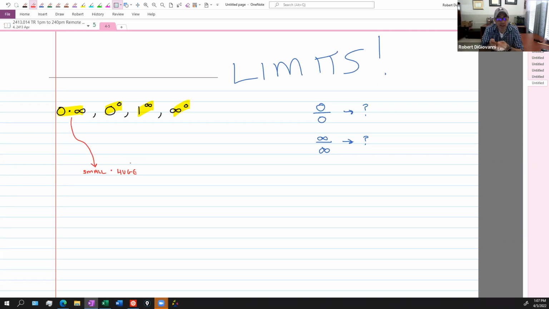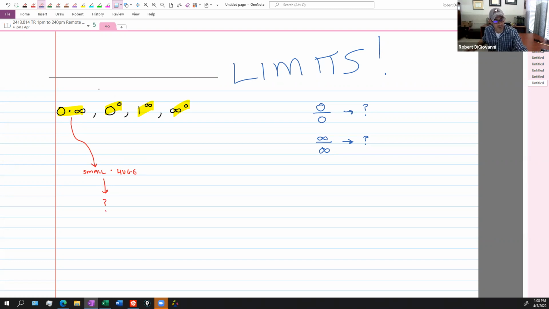Remember, when I say 0 times infinity, when I say 0, I don't mean the number 0. I mean, it's headed to 0. It's getting smaller and smaller and smaller. Okay, there's a huge distinction because 0 times anything is 0, all right? But 0 times infinity in a limit just means getting really, really small times something getting really, really big. So I don't know what happens, right? That's a question. I have no idea what happens.